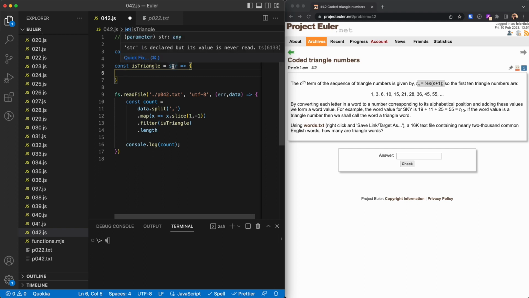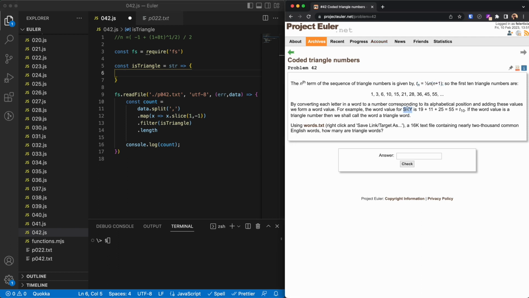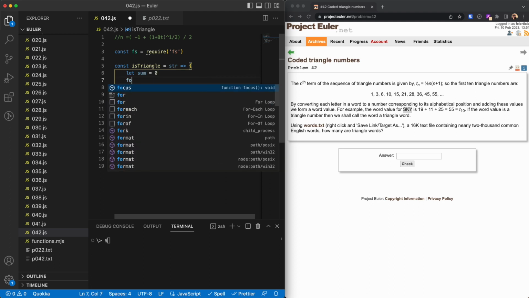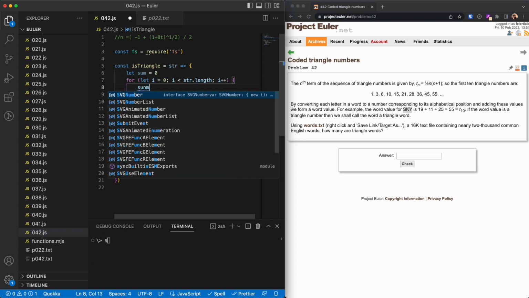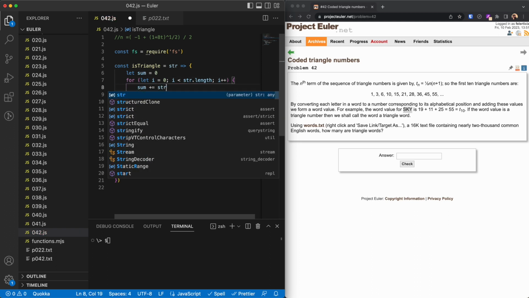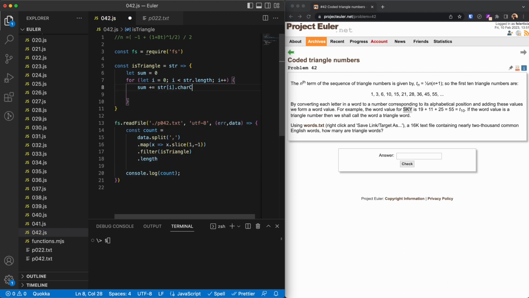So we are having a string here, and I need to first get the number for that string, like here, which is 55. Now this will give me the character code, which is starting from, I believe, for capital letter A 65. So I need to subtract 64.